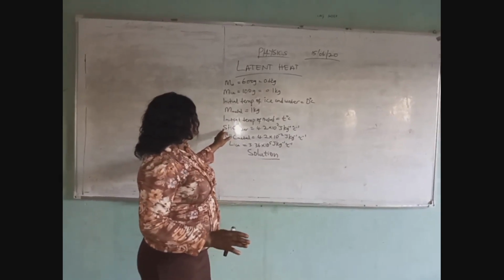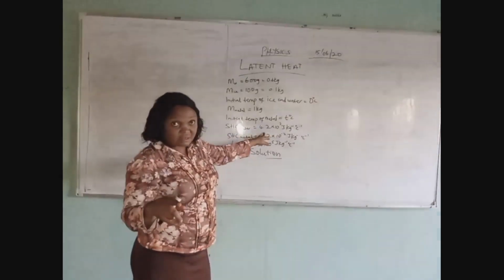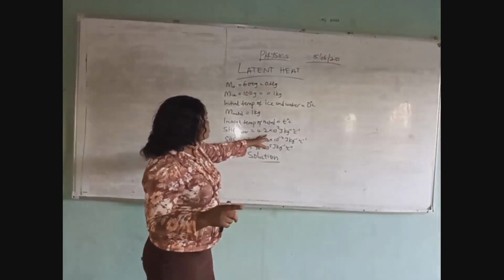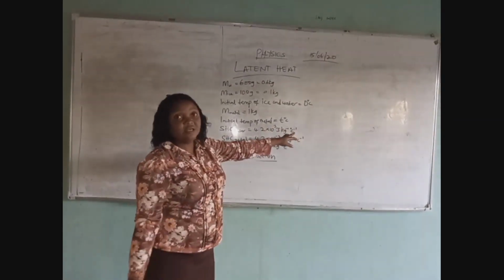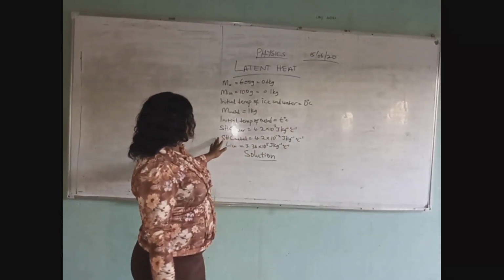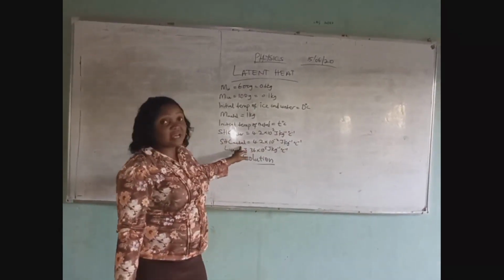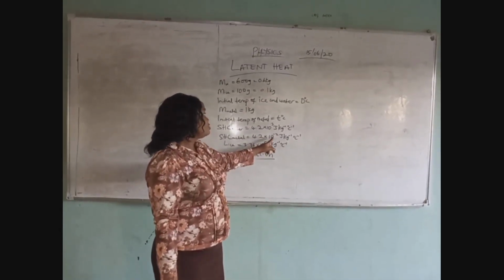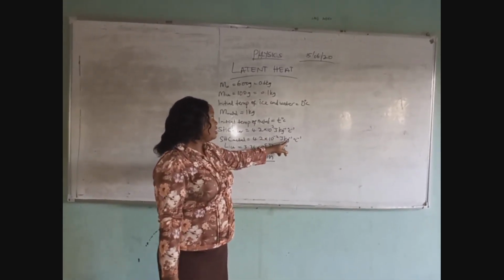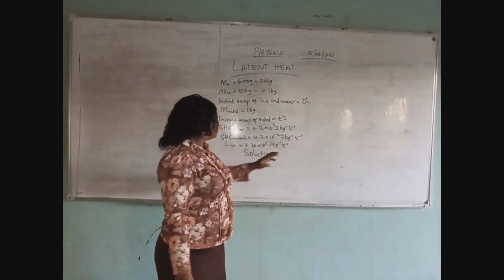The specific heat capacity of water is given in the question as 4.2 times 10 raised to power 3 joules per kg per degree Celsius. Then, the specific heat capacity of metal is also given as 4.2 times 10 raised to power 2 joules per kg per degree Celsius.